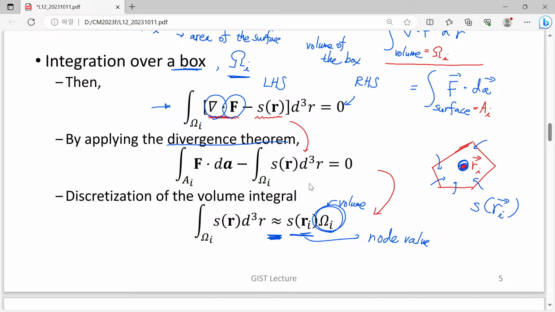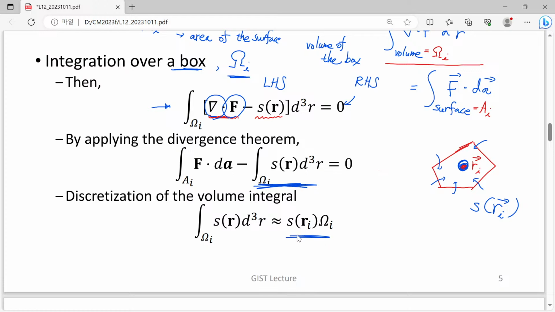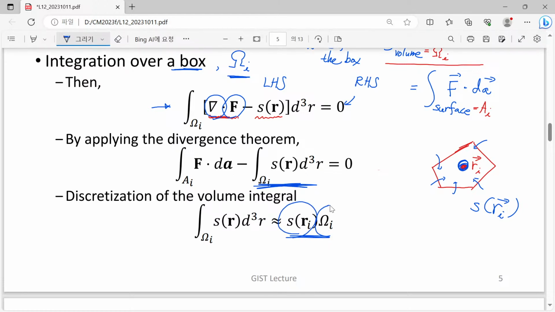So now let's come back to our main discussion. What we have done up to now is that this volume integral term can be well approximated as just the node value multiplied by the volume of our box.